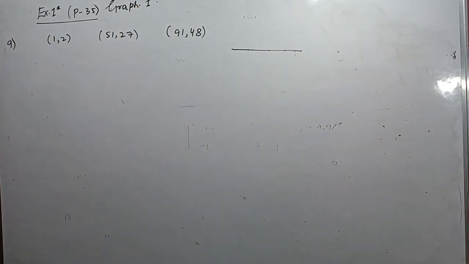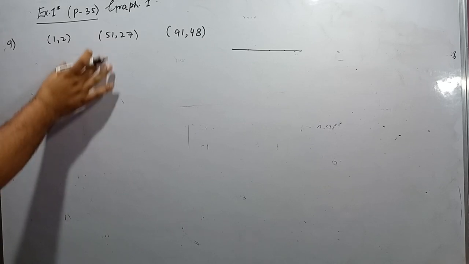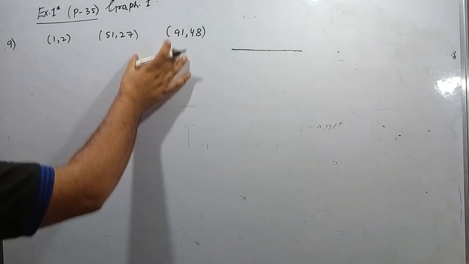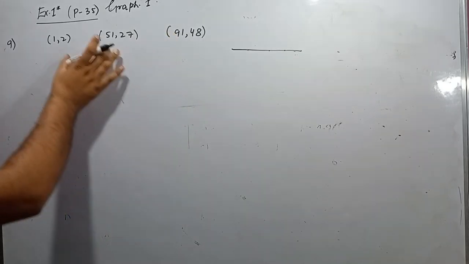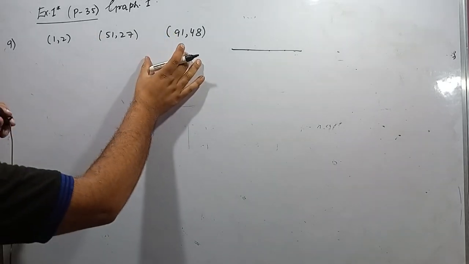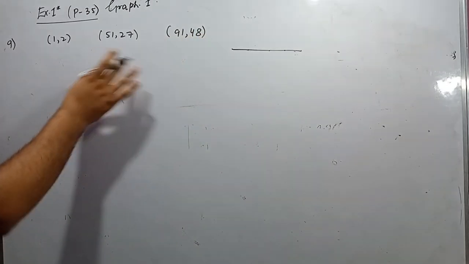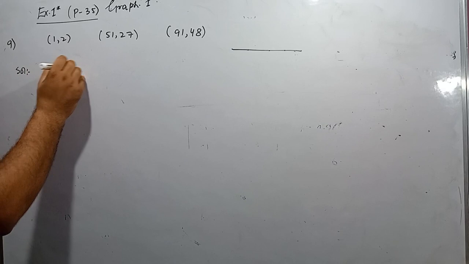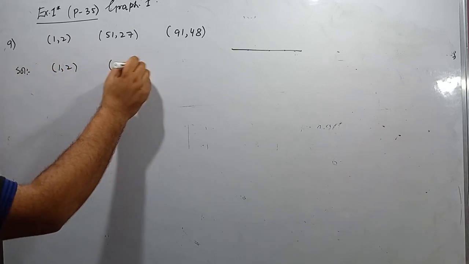You can see first we will check the gradient. We will find the gradient of these 2 points, and then we will find the gradient of these 2 points. If the gradient between the pairs of points is same, then they will lie on the same line. First, how to write the solution? I will write (1, 2), (51, 27).